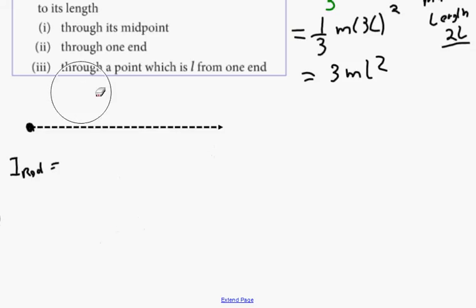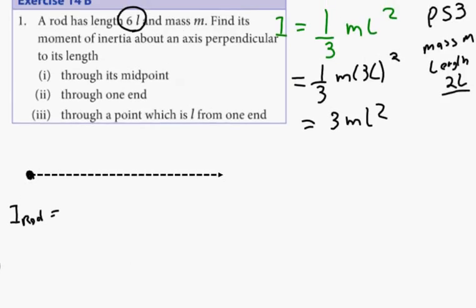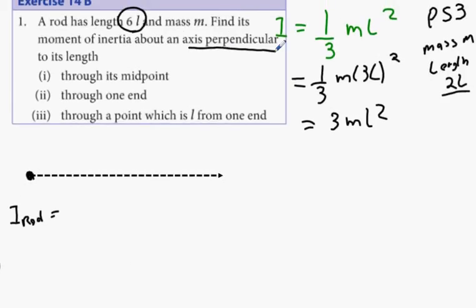The one thing that they all have in common is that they're at an axis that's perpendicular to its length, spinning it around. All 3 axes are parallel. Would you agree with that?